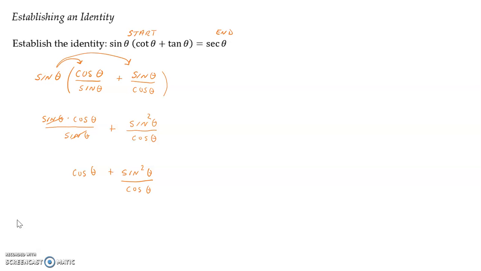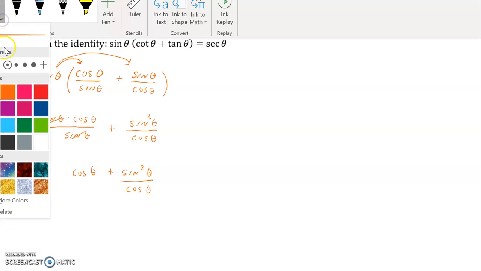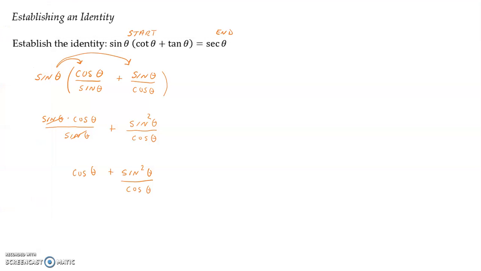Now I have two fractions here, and I want to be able to add them together. Keep in mind that the only way for me to add fractions together is if I have a common denominator. So I'm going to go ahead and get a common denominator for my first fraction. Keep in mind that means I need my denominator here to be cosine of theta.